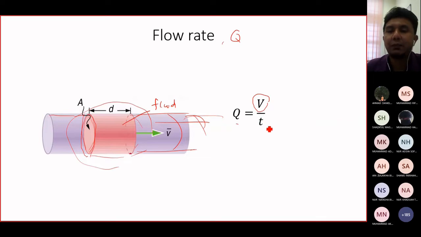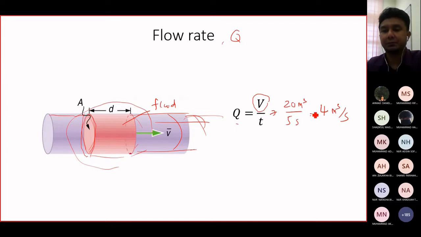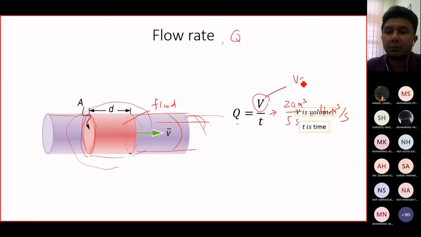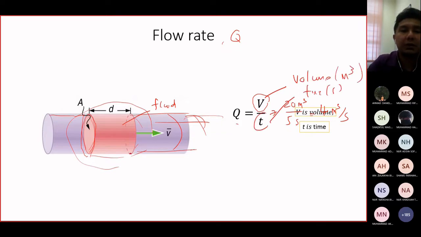Let's say it is 20 meter cube per 5 seconds. So we say that the flow rate is 4 meter cube per second. So volume per unit time. V is our volume, T is time in seconds. Volume is meter cube, SI unit.